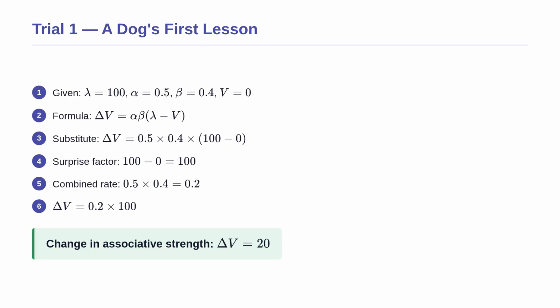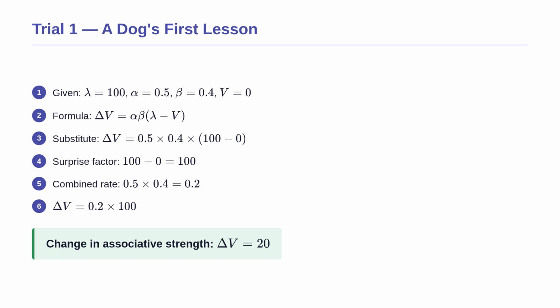Now that we have our formula, let us see it in action with a concrete example. Imagine a dog hearing a bell for the very first time right before receiving a tasty treat. We are given the maximum associative strength, lambda, as 100. The noticeability, alpha, is 0.5, and the learning rate, beta, is 0.4. Because this is the first experience, the initial expectation, V, is 0.